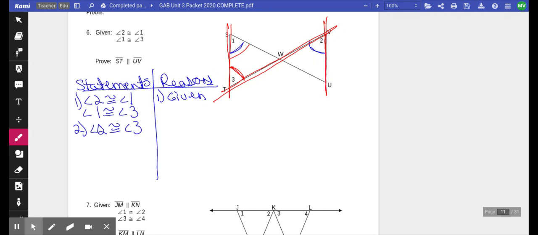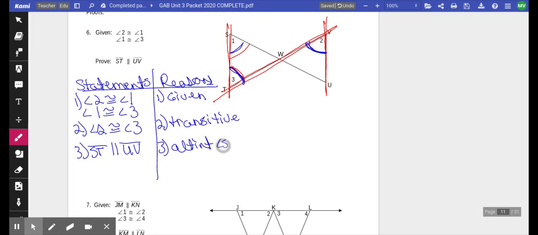Because if 2 and 3 are both congruent to 1, they have to be congruent together. So that's transitive. So that means that 2 is congruent to 3, which, if TV is my transversal, are alternate interior angles. Therefore, ST has to be parallel to UV. And my reason is alternate interior angles congruent implies parallel lines. Done.